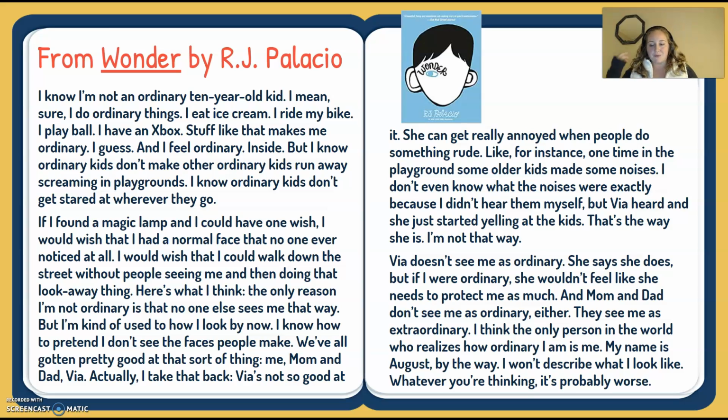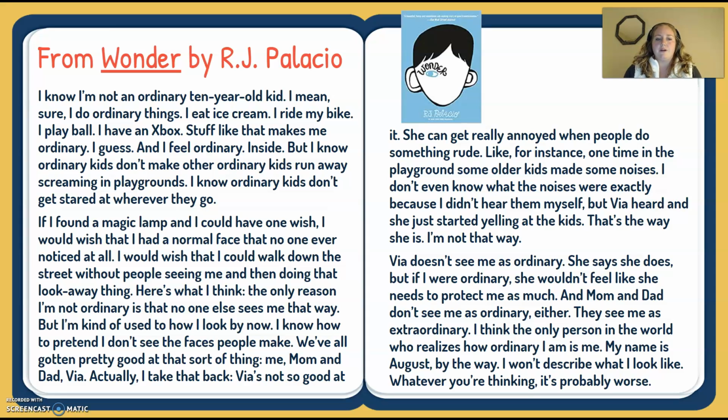All right, so here we have a small excerpt from Wonder. I'll just go ahead and read it out loud to you guys. I know I'm not an ordinary 10-year-old kid. I mean, sure, I do ordinary things. I eat ice cream, I ride my bike, I play ball, I have an Xbox, stuff like that makes me ordinary, I guess. And I feel ordinary inside.